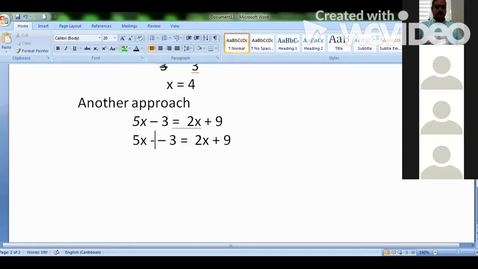So that's 5X on the left, and that's 5X on the right. As you can see, all of that will give us 0, true?